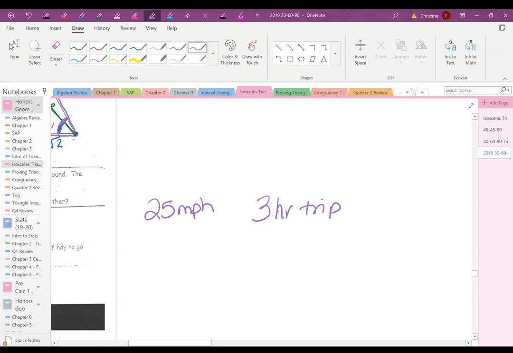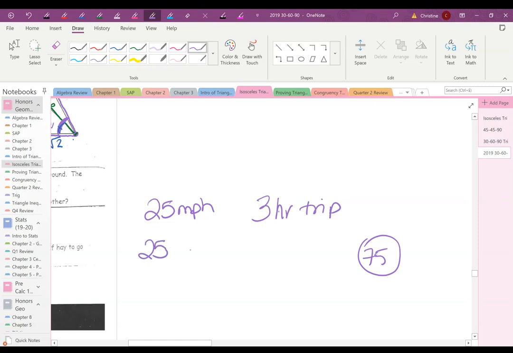How many miles would I drive for a 3-hour trip? If I'm going 25 miles per hour and I'm going to drive for 3 hours, you should recognize that I would drive 75 miles. Let's talk about this as a proportion.